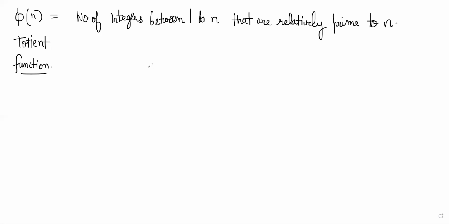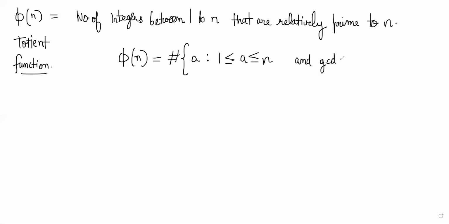So phi of n is equal to the number of integers a such that 1 is less than or equal to a is less than or equal to n, and GCD of a and n is equal to 1. This is called Euler's phi function, or the totient function.